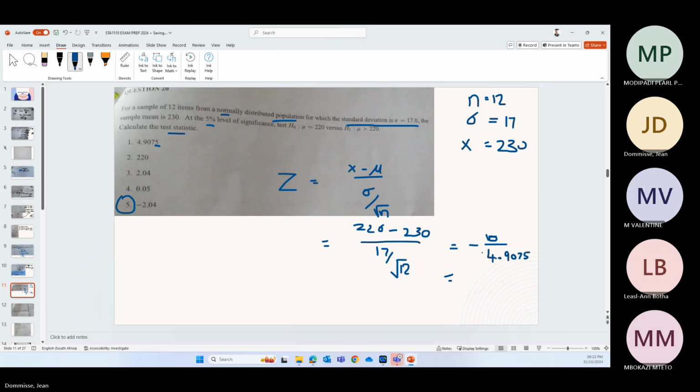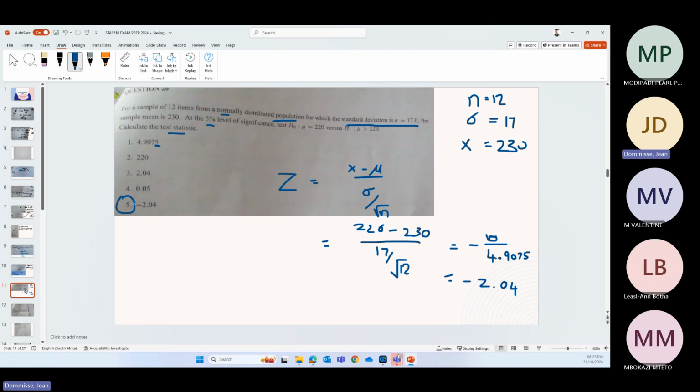So minus 10 divided by 4.9075, and we get the answer of minus 2,04. Okay, so again, we could have looked at this from the beginning and said, well, it is going to be a negative number.